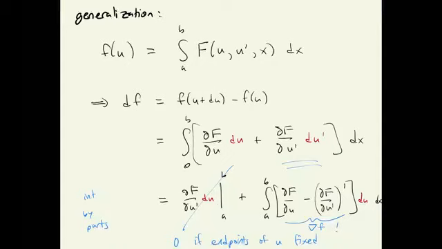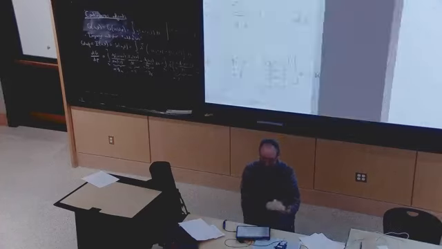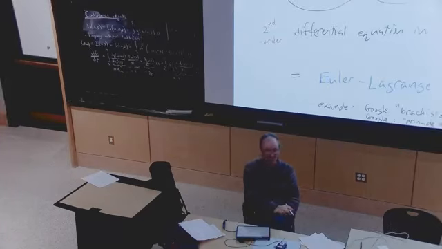And if I do a little bit of algebra with integration by parts, I can write that as an integral of something times du. That's a dot product in a generalized sense, so this thing is a generalized gradient that you set equal to 0 if you want a minimum or maximum.